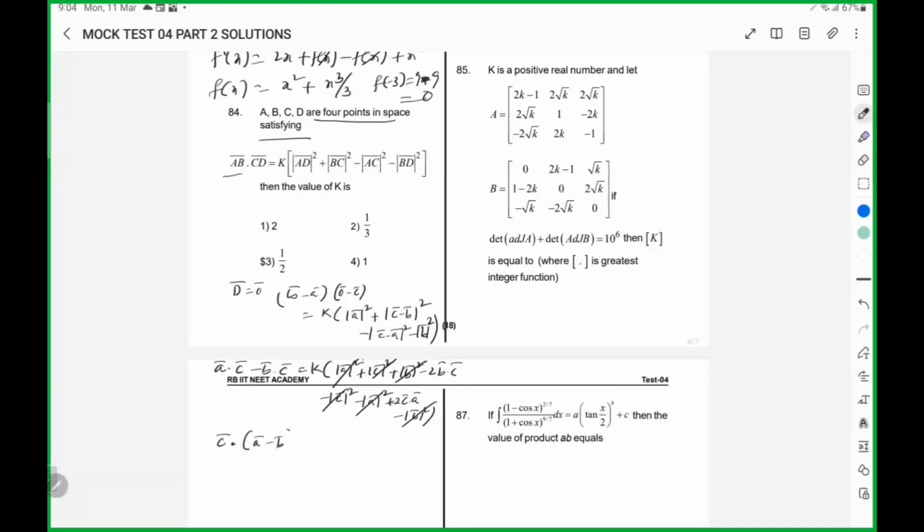C dot a minus b is 2 times... 2k times minus b dot c plus c dot... 2 here is out.